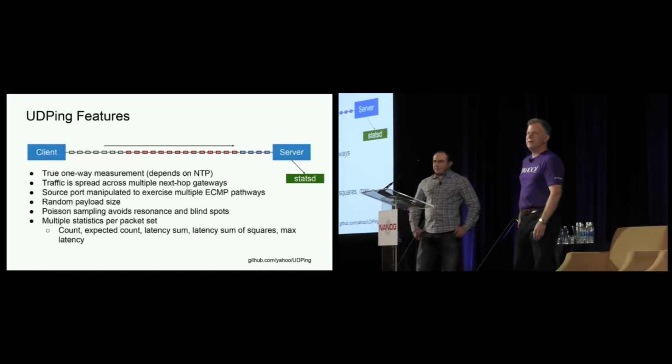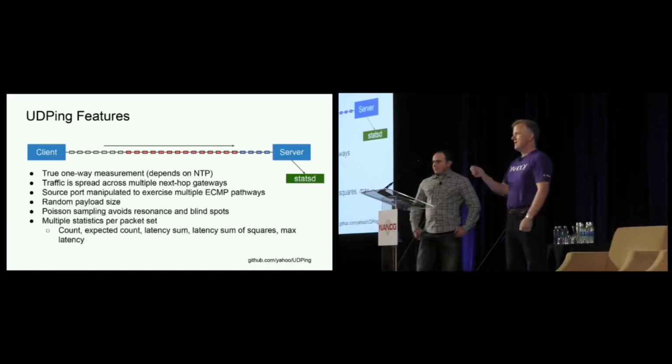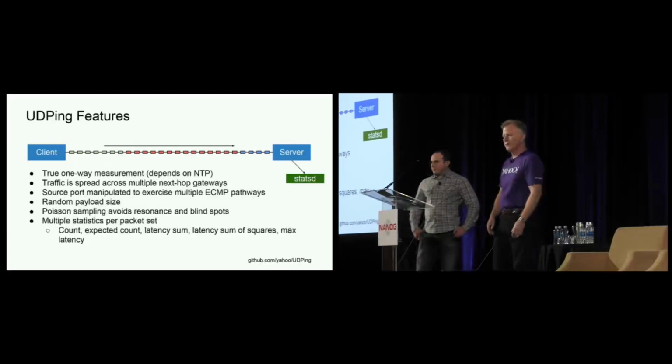We spread the traffic across multiple next hop gateways. The way we do that is we write the Ethernet frame and manipulate the next hop MAC so that we can force the traffic to go to either the primary or the secondary router out of the network that we're emitting from. We manipulate the source port so that if we have multiple ECMP pathways, we can exercise all of those.